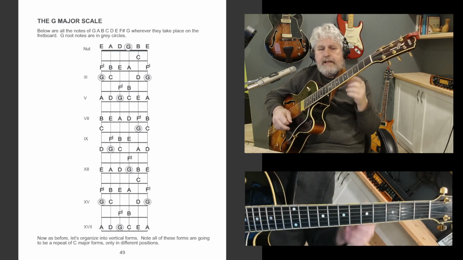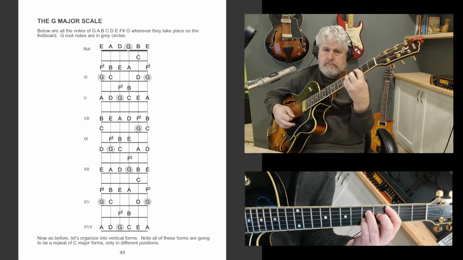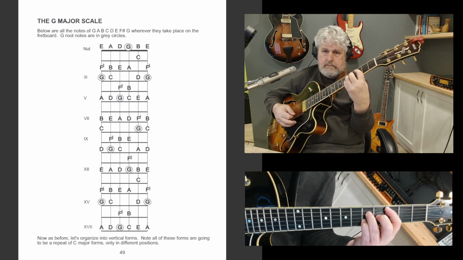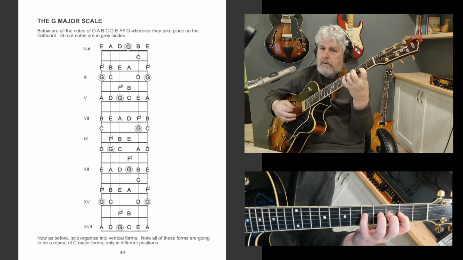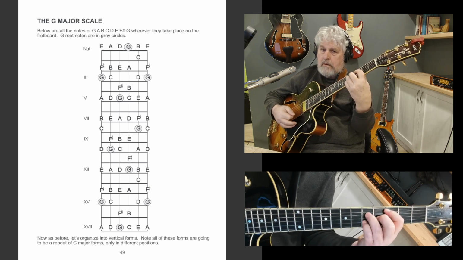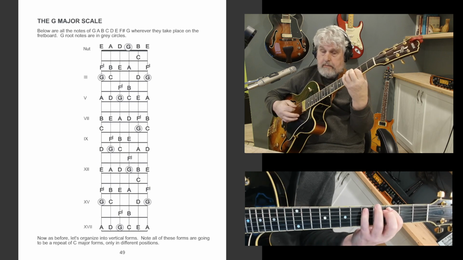Well, let's move beyond that. That means that if I play a C major chord, I can define that chord with a Lydian mode.